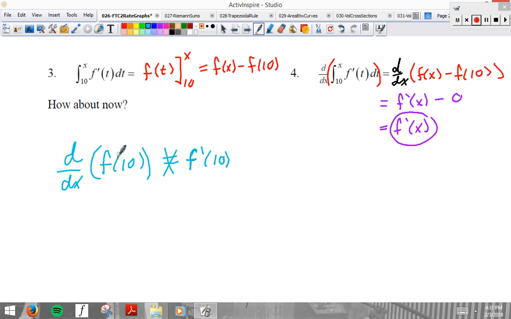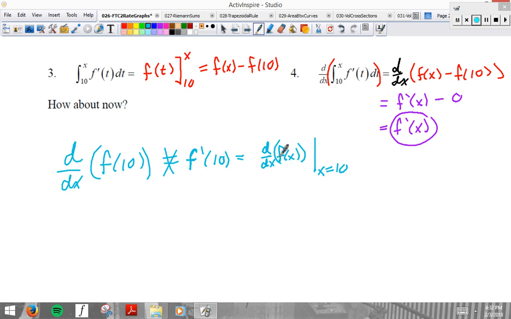This says plug in 10 and then take the derivative. This side is more like take the derivative of f of x and then evaluate that answer at x equals 10. So again, that order matters a lot.